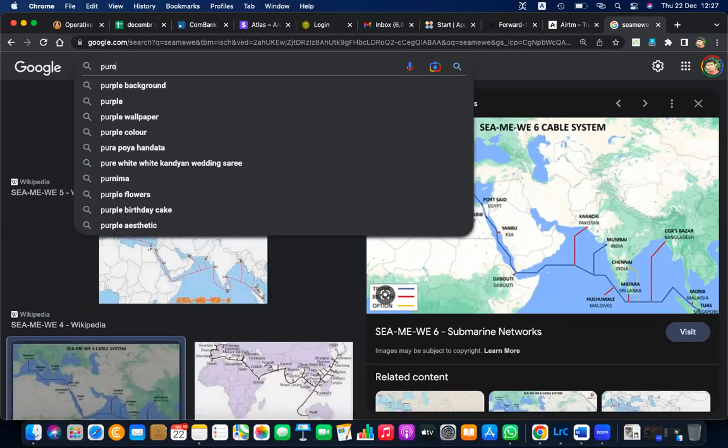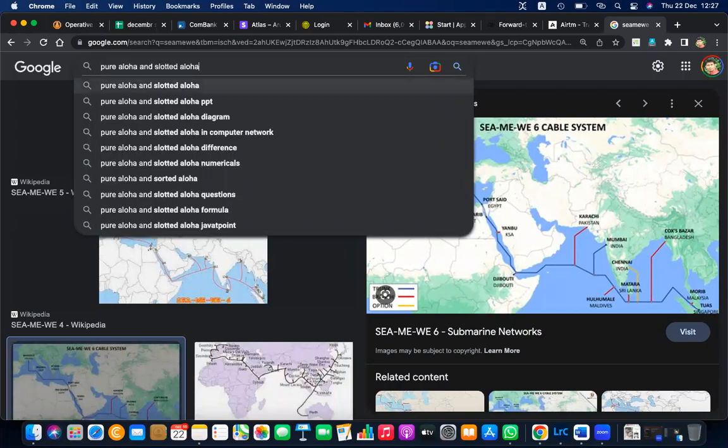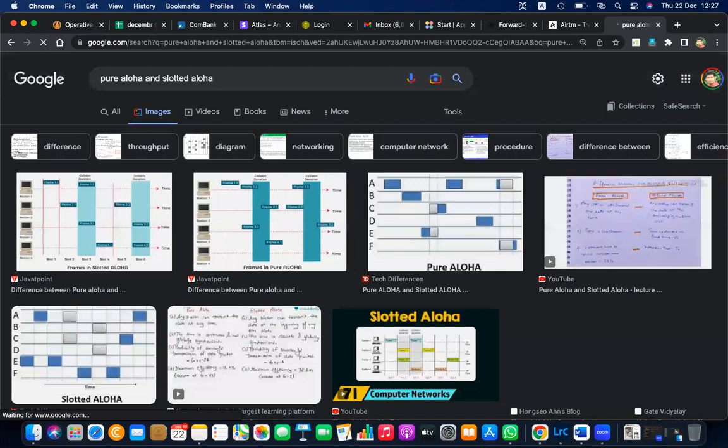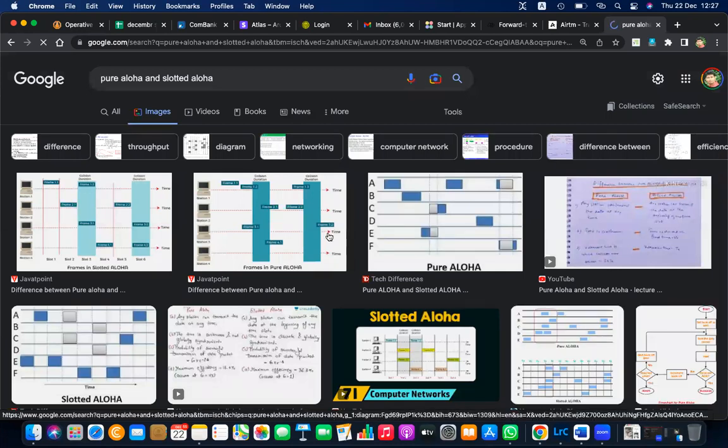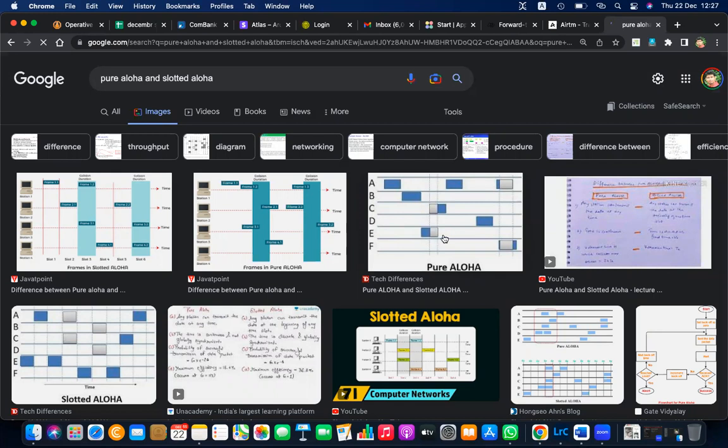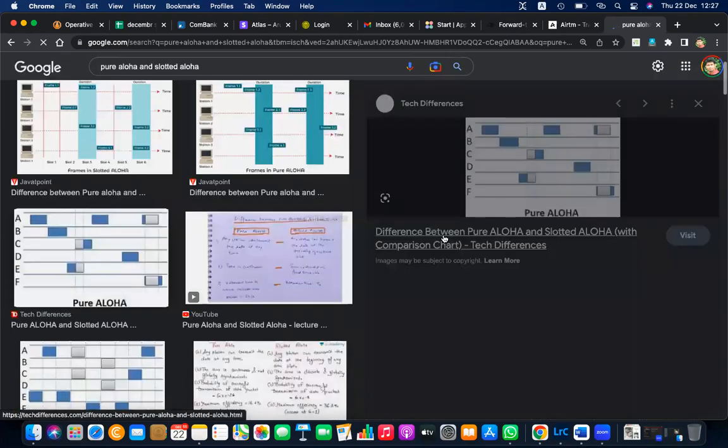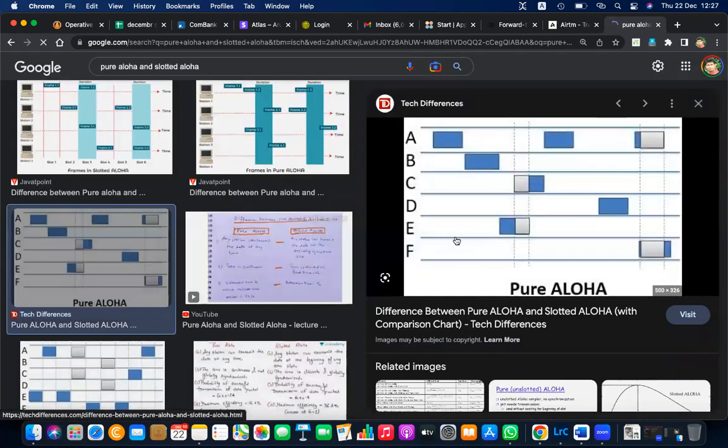Pure Aloha and slotted Aloha, let's compare. This is pure Aloha. You can see A, B, C; anyone can start communicating anytime. This one is sending data, this one has sent already, but no collisions.